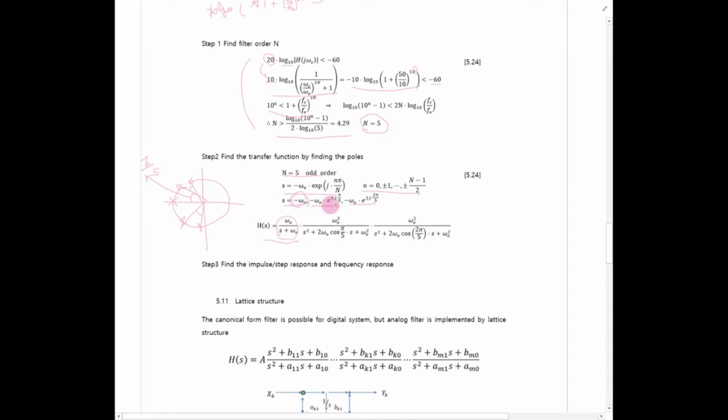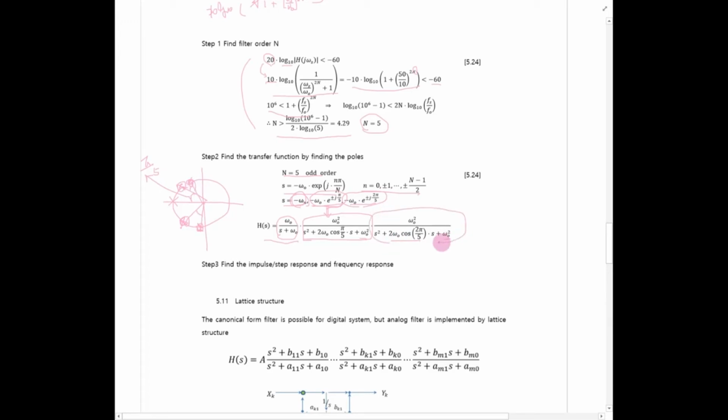Then we can implement these poles here. By adding the two complex conjugate poles, the sum of the roots is given this way, and the product of the roots is given by omega 0 squared. This is the second order system. The curve given by these two conjugate poles gives the second order system. And the last one is 2 pi over 5. Two complex conjugate roots are added, which gives this coefficient, and the product gives this one.